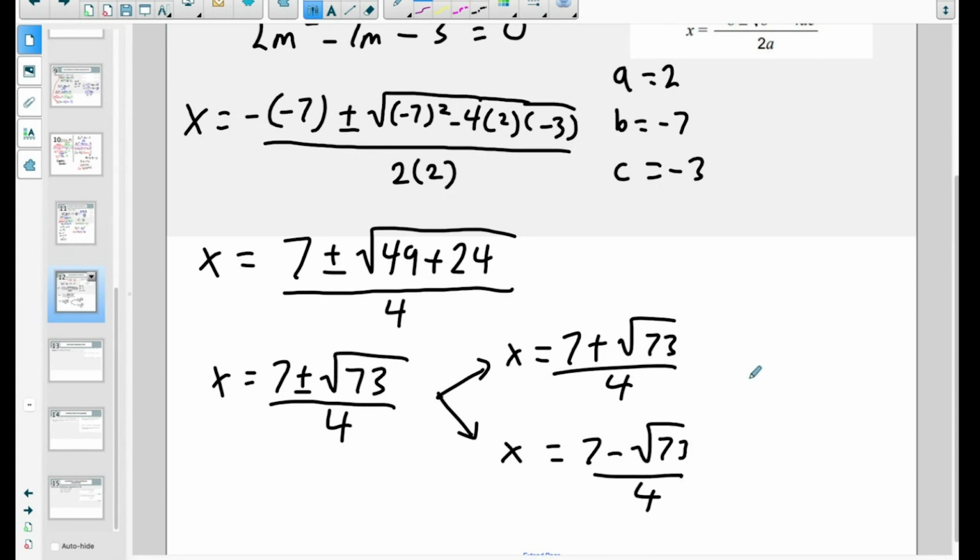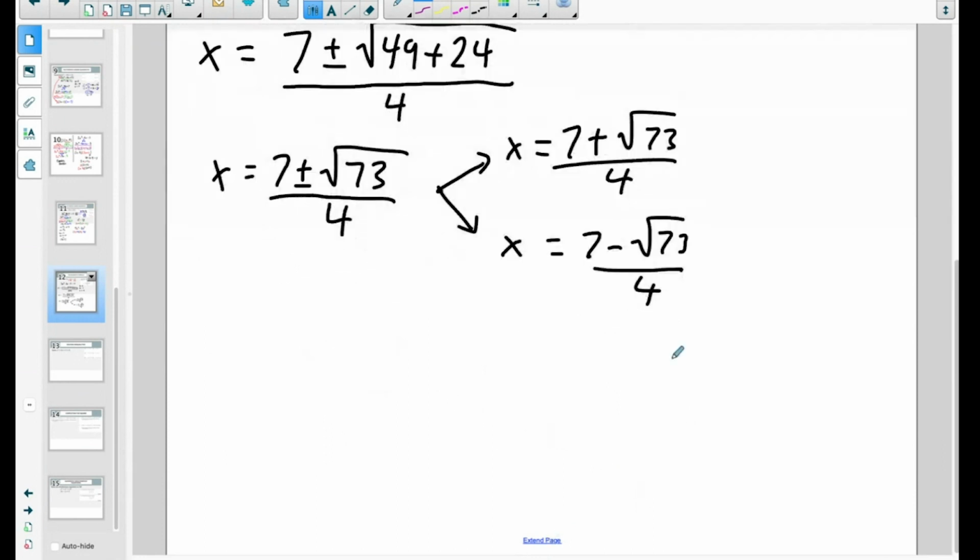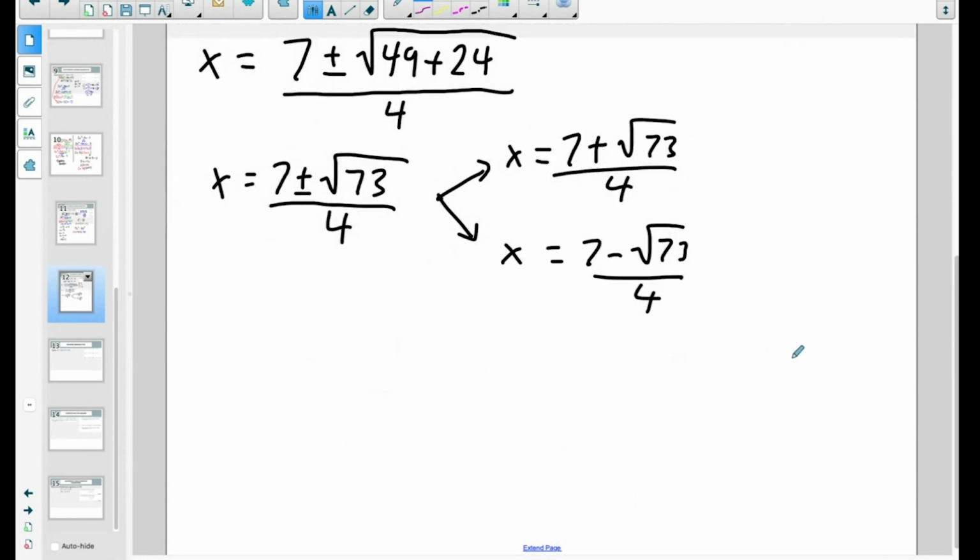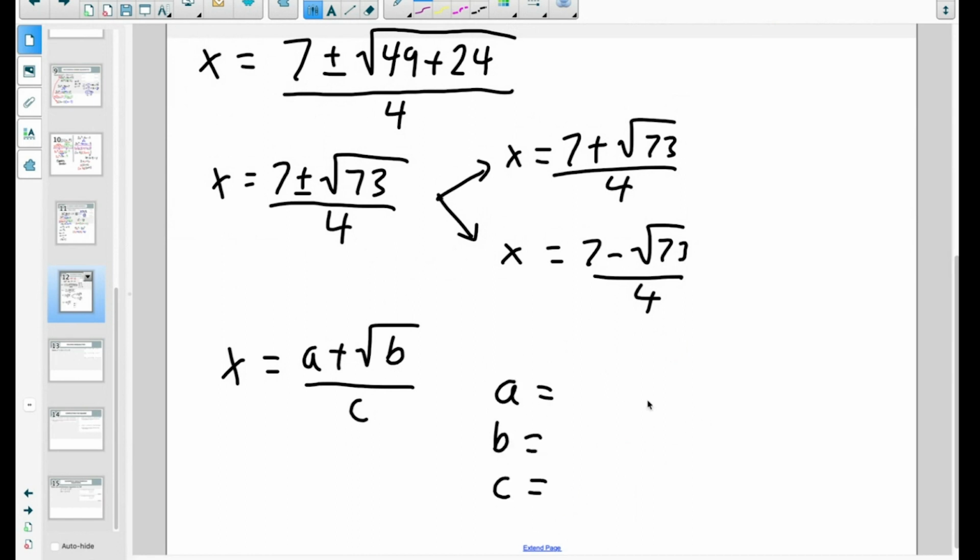Okay. So in a GCSE style question, they might say that your answer is going to be x is equal to a plus square root b divided by c. They might ask you for your values of A, B, and C. Okay, that's something that they might ask you. They could also ask what is A times B times C in this case, right?